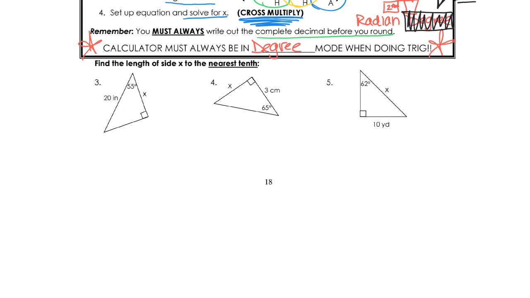However, you do have one side, one angle, trig every single time. So notice your 55-degree angle. This is where your little stick person is reading from. And according to what he sees, he knows that this 20 is his hypotenuse because it's across from the right angle, and the side of x is next to him, and so that's his adjacent side.